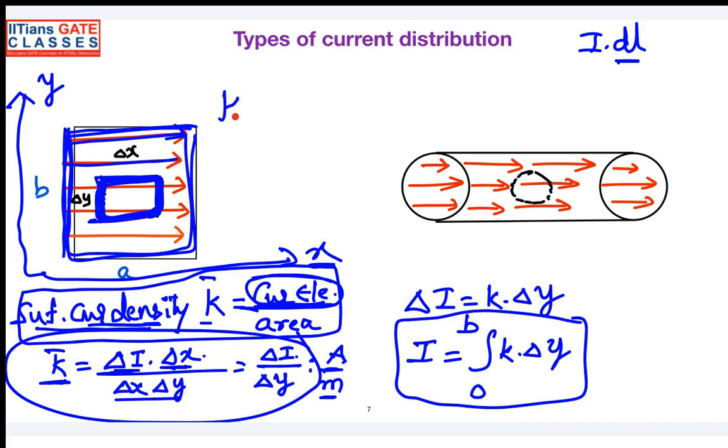First of all, the surface current density is defined as current element per area. The current element is considered in this case as delta I into delta X, divided by the area delta X delta Y. Once you know the surface current, to find the total current you need to do a single line integral in the Y direction. Is it clear? Surface current?